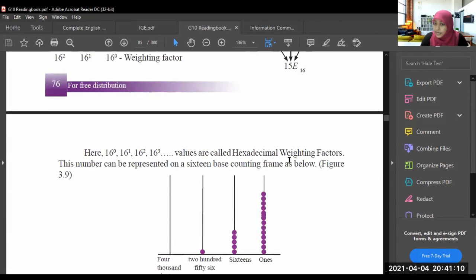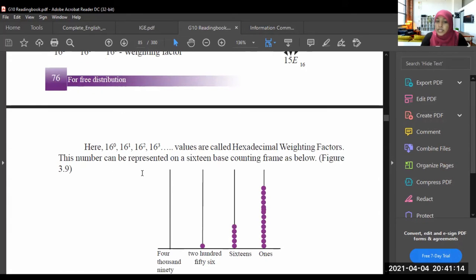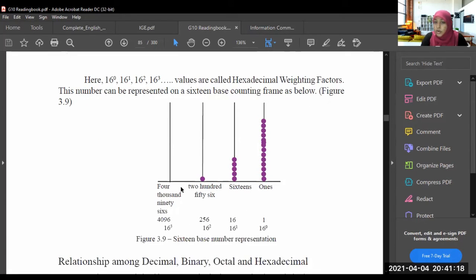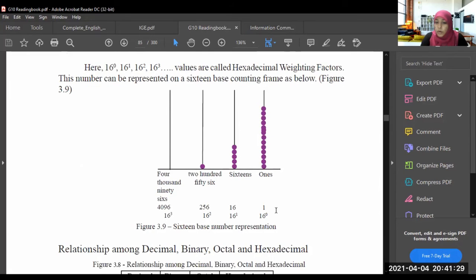These values are called hexadecimal weighting factors. This number can be represented on a base 16 counting frame as below. So this is the counting frame: 1s, 16s, 256s, 4096s, right? So 16 to the power 0 is 1. As I told you, whatever the number, power 0 is 1, right?